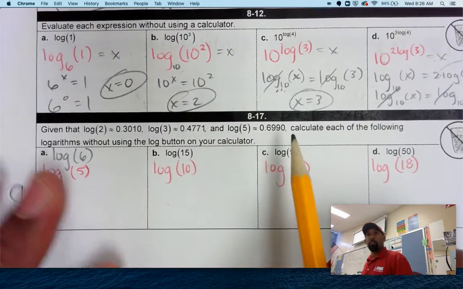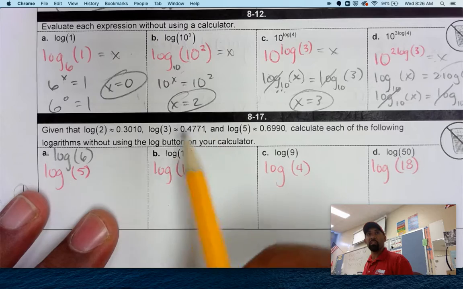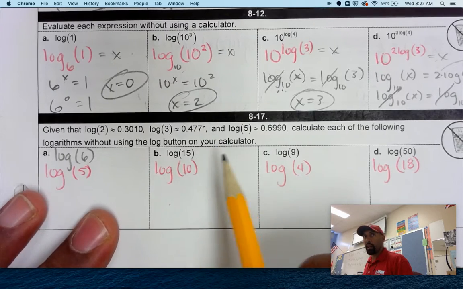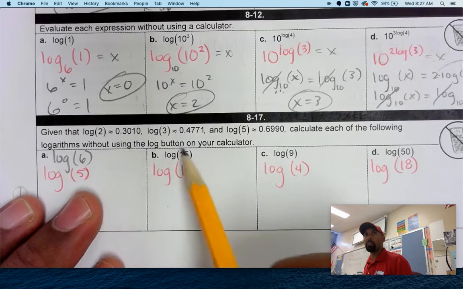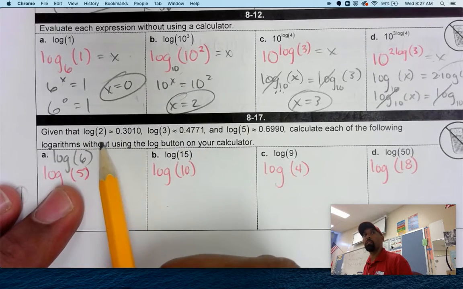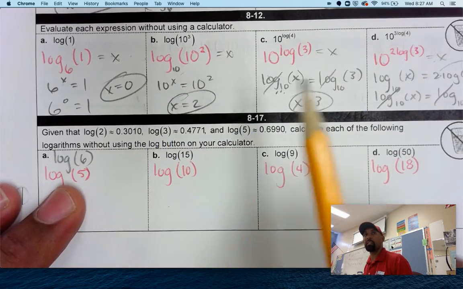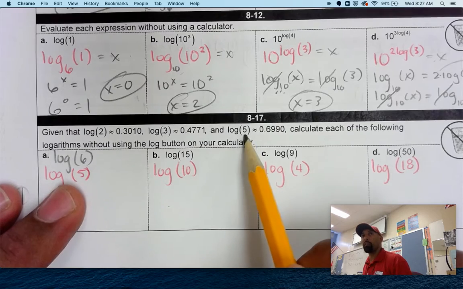Now this next one, we can use a calculator, but don't use the log button to solve, because we've already figured out what the log of 2 is, the log of 3 is, and approximately what the log of 5 is.